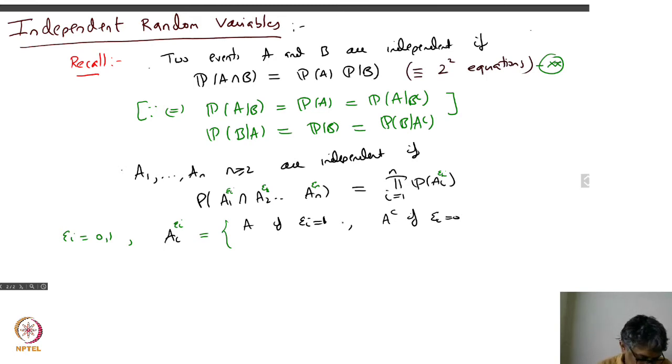So you have to take all these combinations; these are the 2 to the n equations for independence of n events.